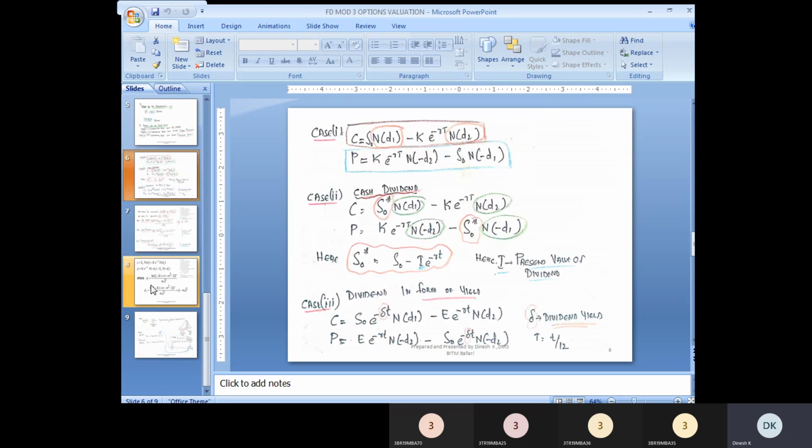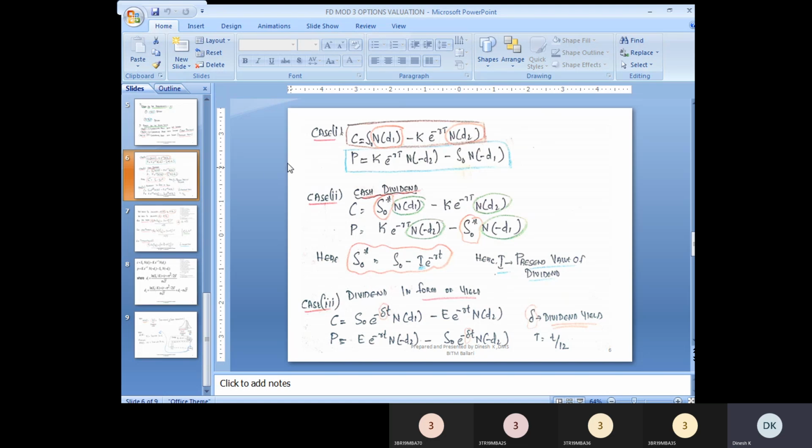Then for the call option price, S naught into e to the power of minus delta T N(D1) minus exercise price into e to the power of minus RT N(D2), right? So this is for a call option.